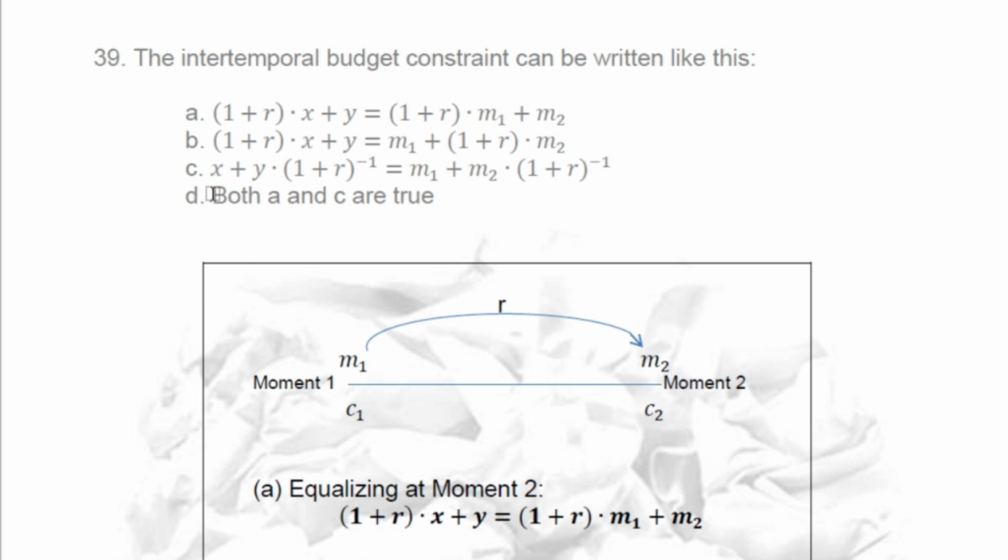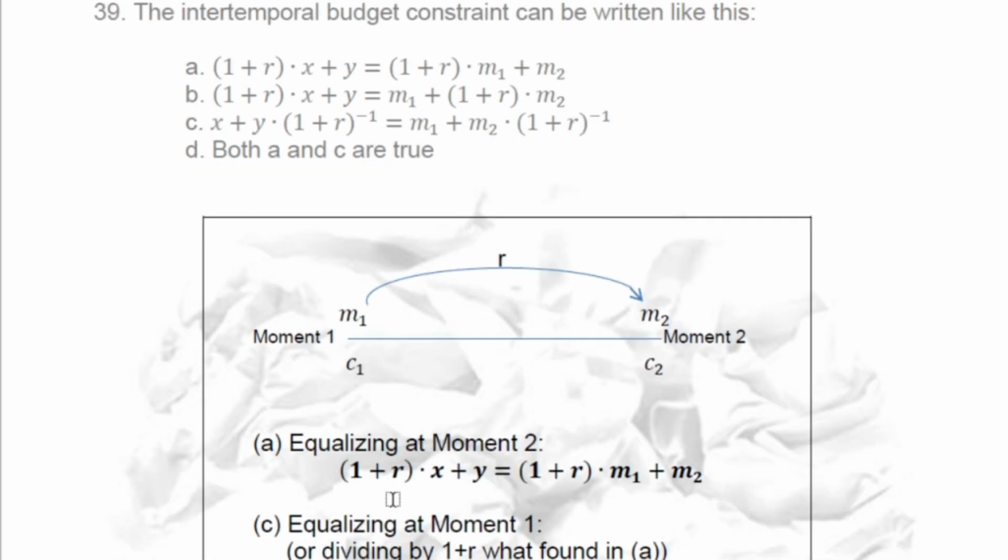But look at D. It says both A and C are true, so we need to be careful. If I equalize it at moment 1, it is C1, or X, plus Y times (1 plus r) elevated to minus 1, yeah? We equalize this, the present value of the consumptions and the incomes, okay, and the same for the incomes, as I told you, M1 plus M2, the present value.